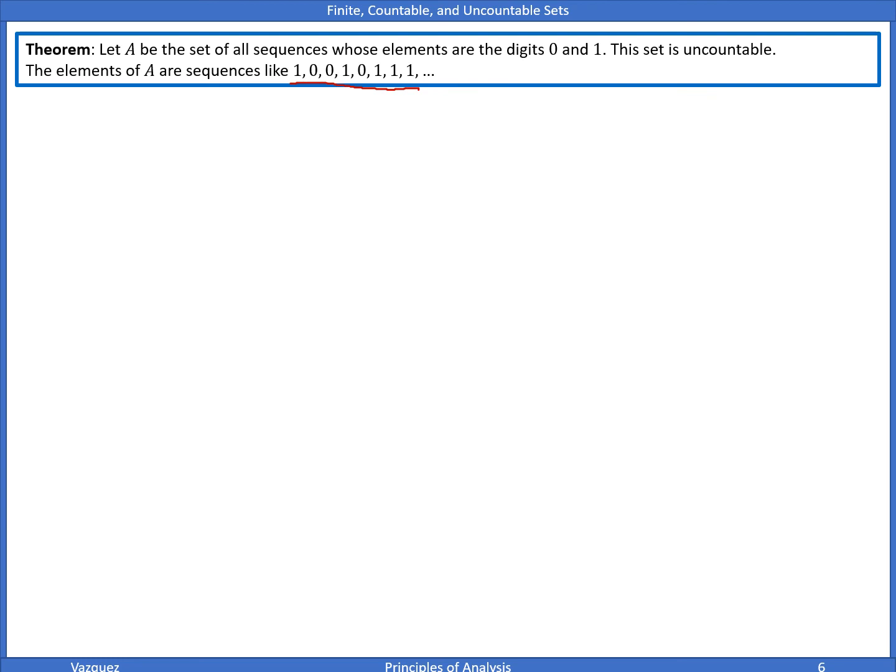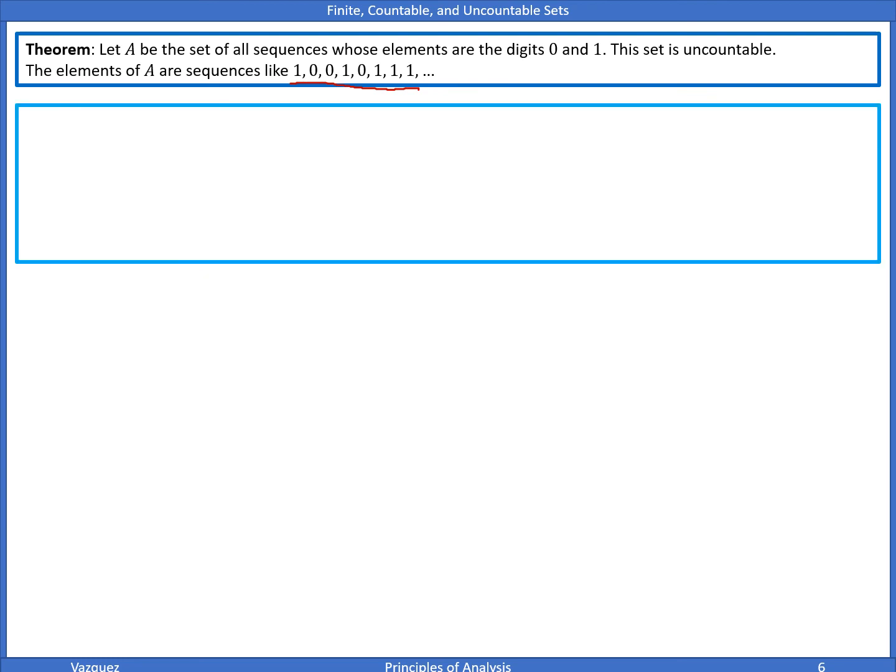Well, how do we prove that this is uncountable? First, we let E be a countable subset of A, and let E consist of the sequences s1, s2, s3, so on and so forth.